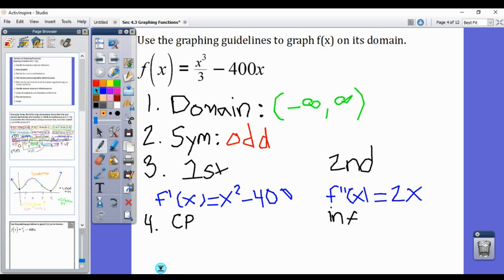Okay, so for our critical points, we're using our first derivative. So we're going to set that equal to 0.